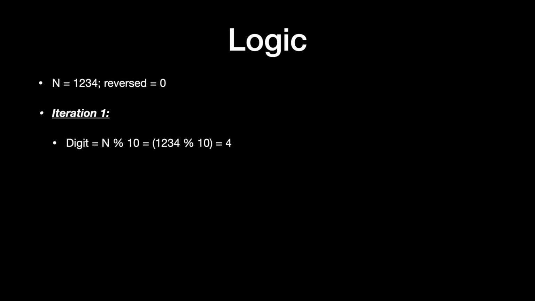In the first iteration, we'll have the digit, the separator variable which I mentioned. Here I'm naming it digit; you can name it separator or anything of your choice. Here we use n modulo 10, which is 1234 modulo 10, and that is 4.